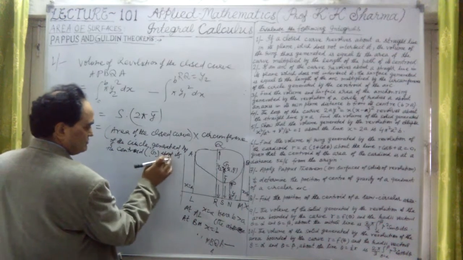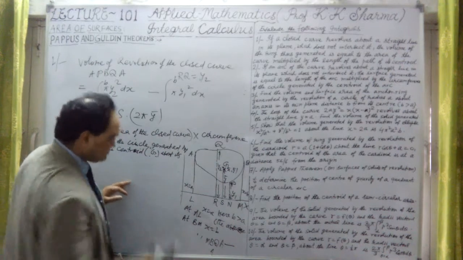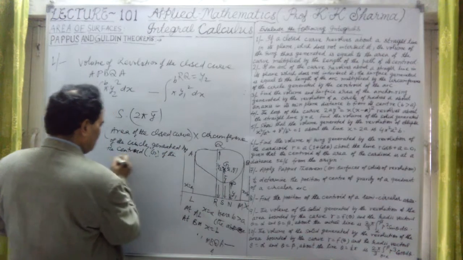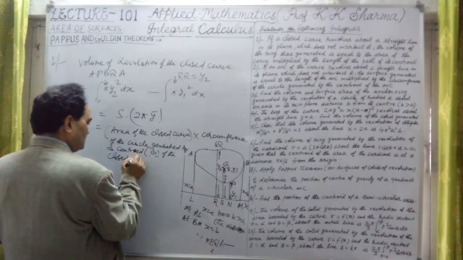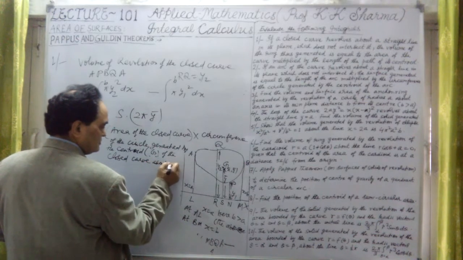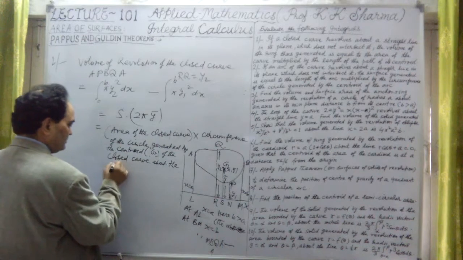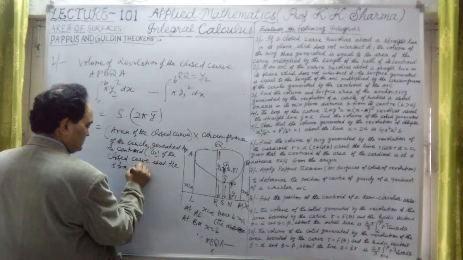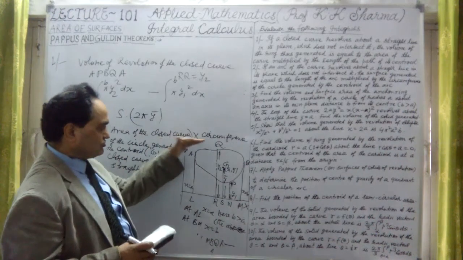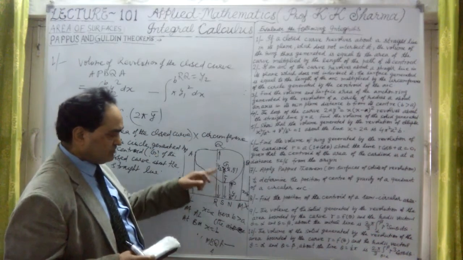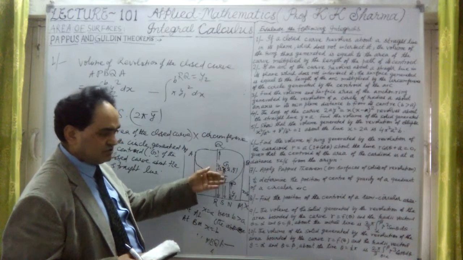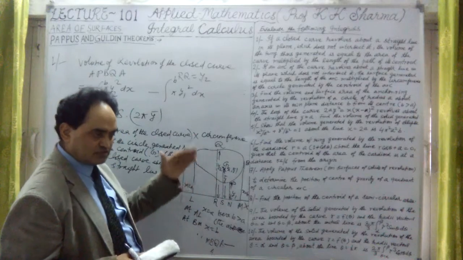The centroid of the closed curve about the straight line. So this is the circumference of the circle generated by revolving SG about this straight line, and that circle will be generated.